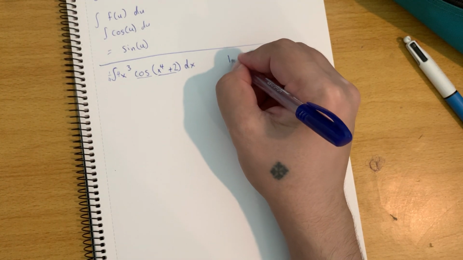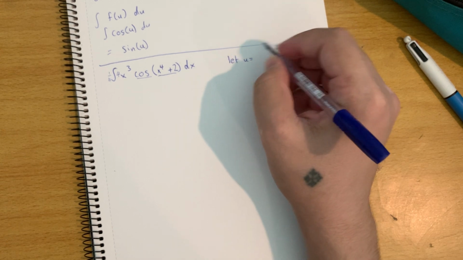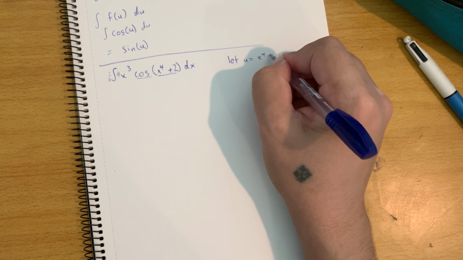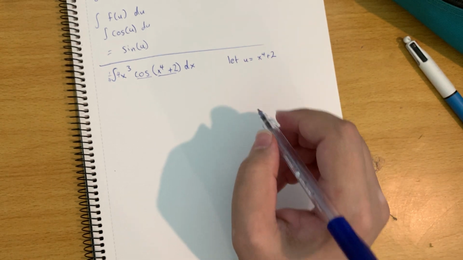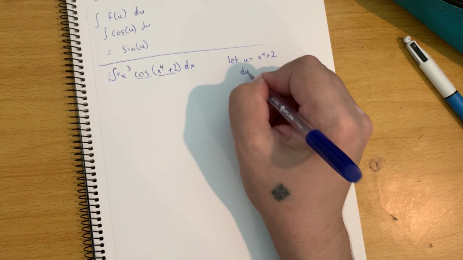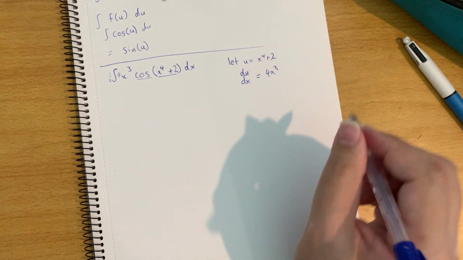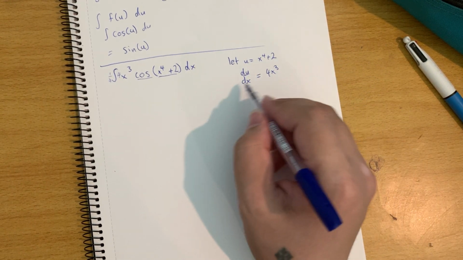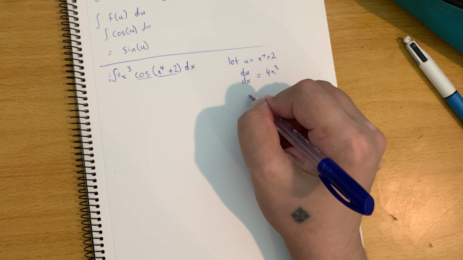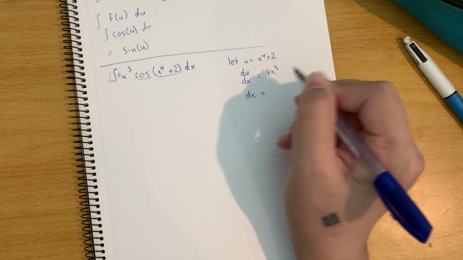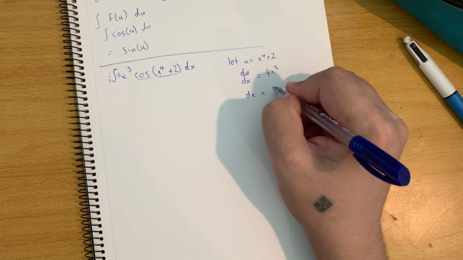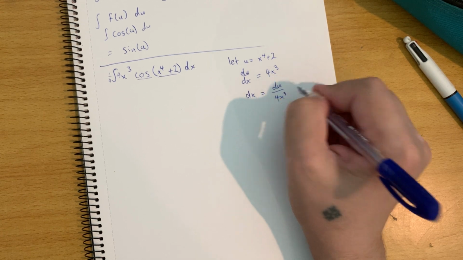So I'm going to let u equal the inner function, x to the 4 plus 2. du dx equals 4x cubed. I'm going to isolate for dx. So dx equals du over 4x cubed.